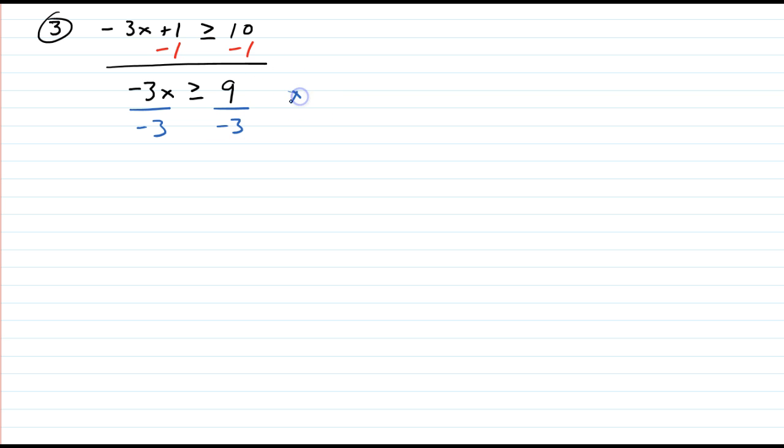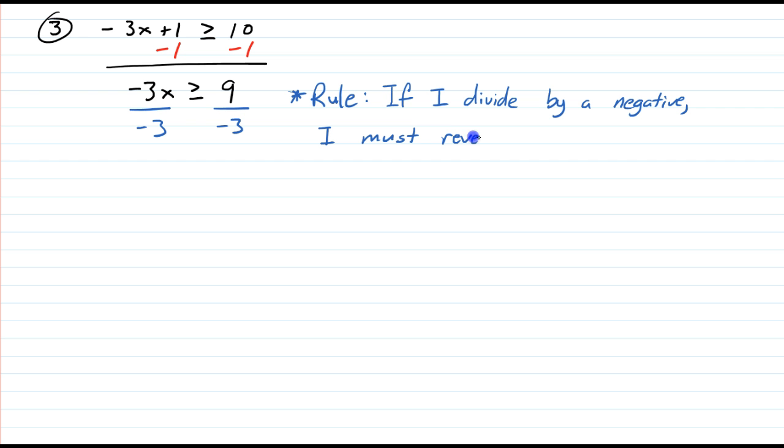And this is where we create our extra step, or our rule: if I divide by a negative, I must switch or reverse the inequality.